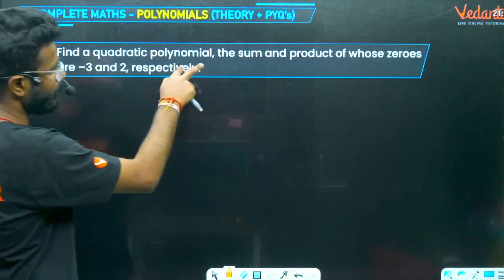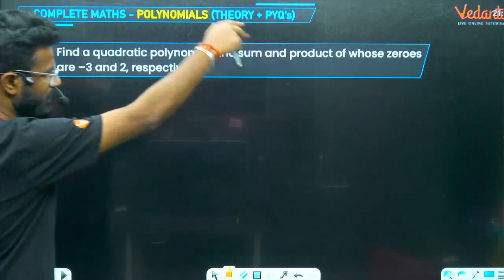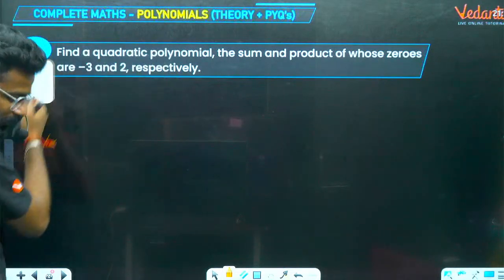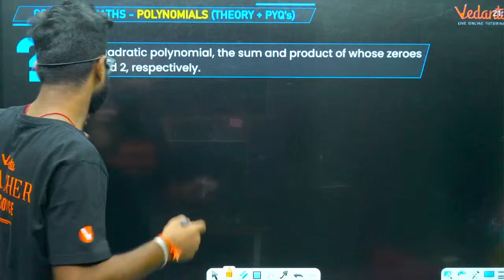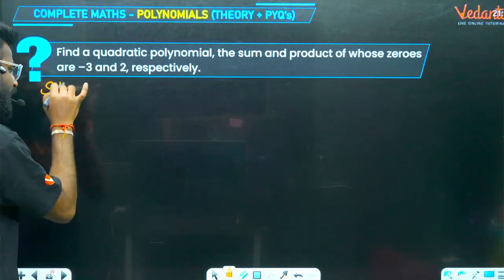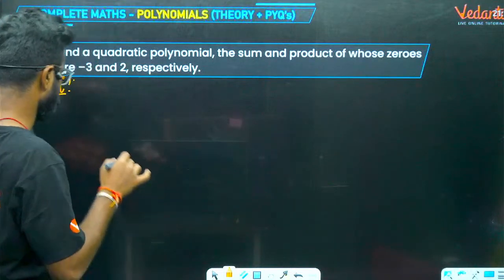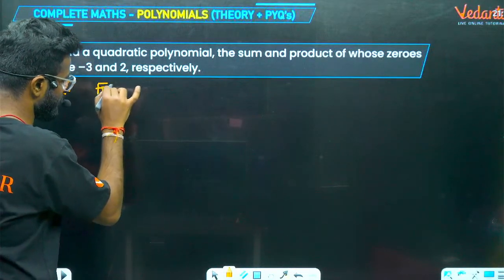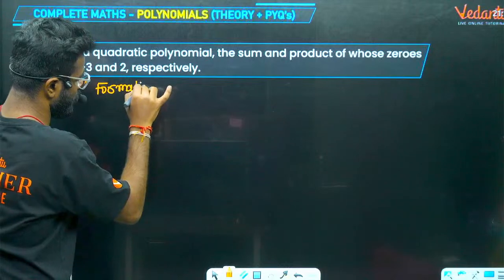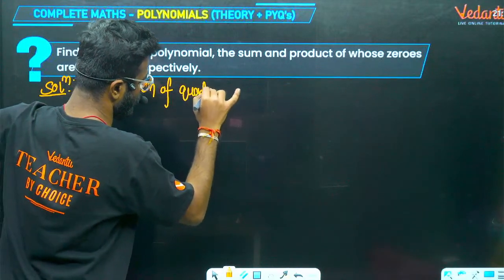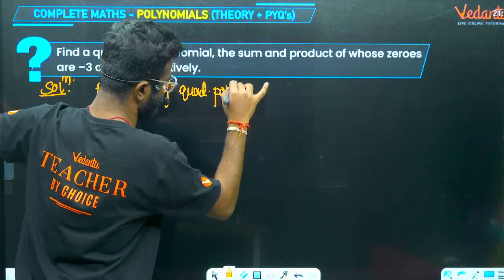Find a quadratic polynomial, the sum and product of whose zeros are minus 3 and 2 respectively. See, if you have to form a quadratic polynomial, then I am giving you one formula for the formation of a quadratic polynomial.